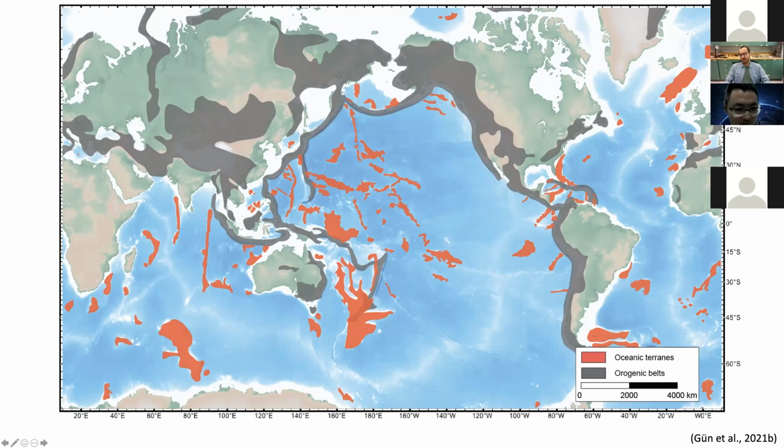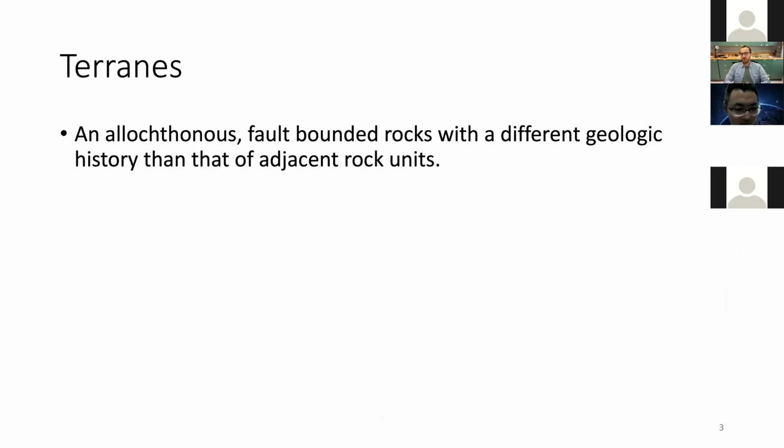So in this study, in my PhD, I was focusing on the geodynamics of these terrains, and I'll show you my results soon. By definition, terranes are allochthonous fault-bounded rocks with a different geologic history than that of adjacent rock units. They are exotic terranes coming from somewhere else with the movement of oceanic lithosphere, and they accrete to their current location.